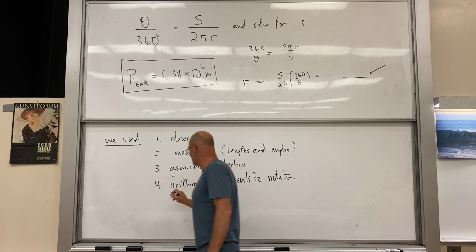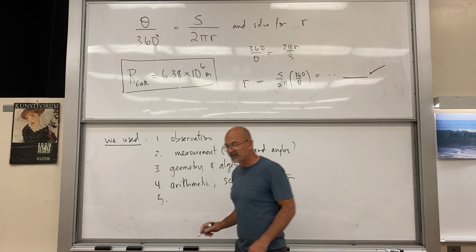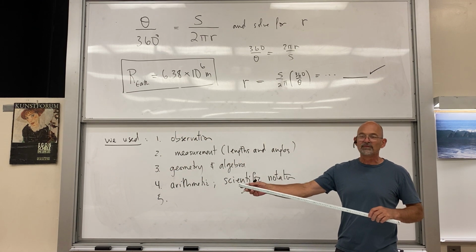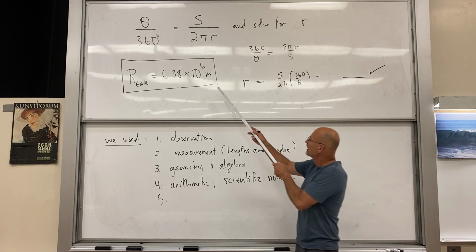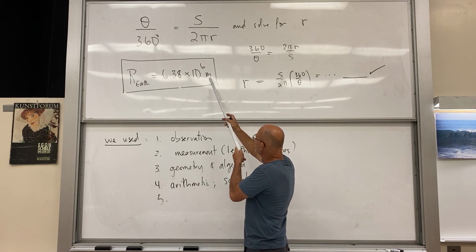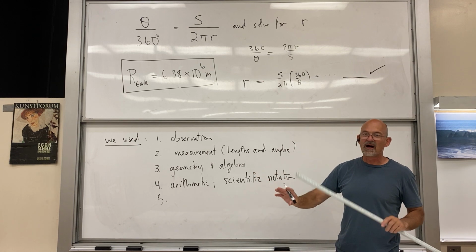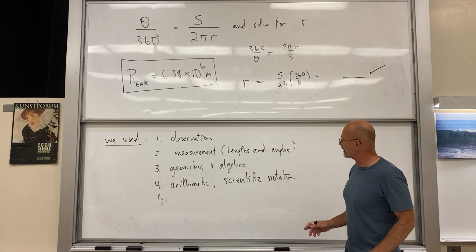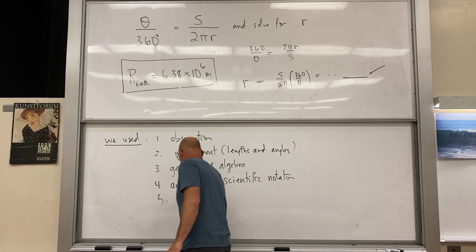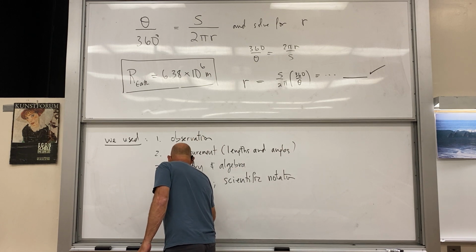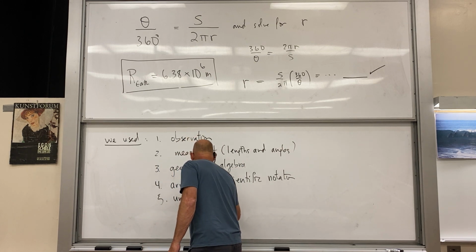And finally, we actually had a physical unit. We had a unit of length. Right? The answer only means something if we say those are meters. If it were inches, feet, miles, it would be a different number. So we had a particular unit of length.